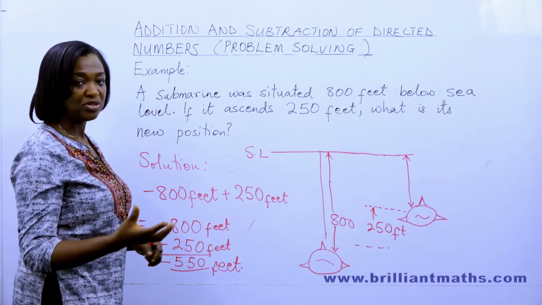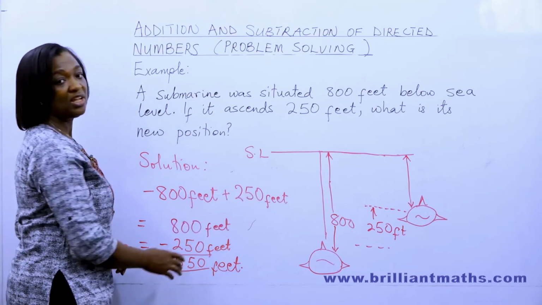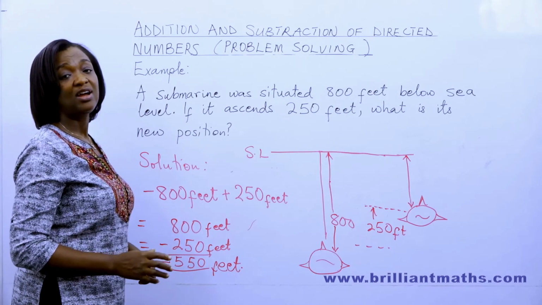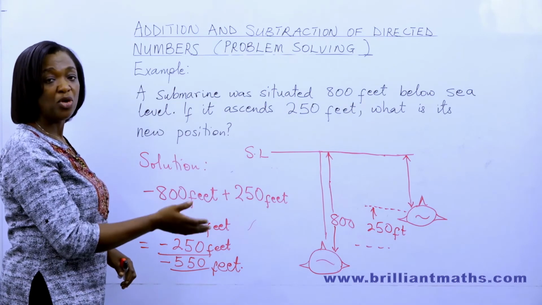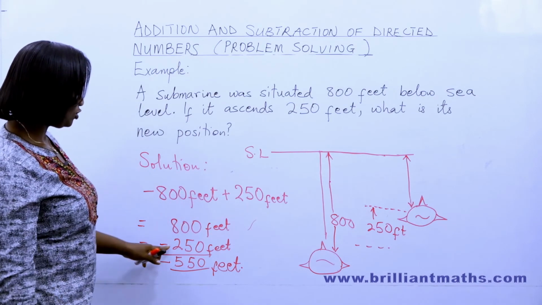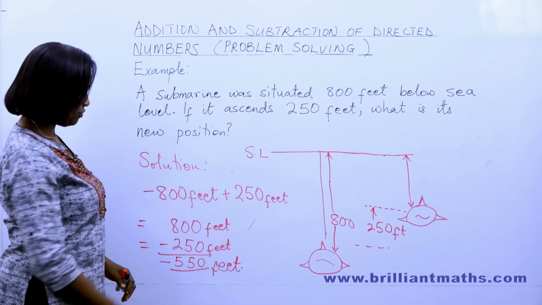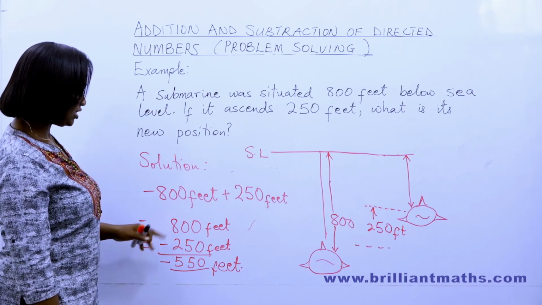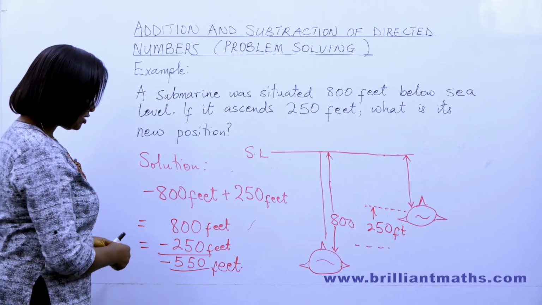So to find that position, we'll subtract 250 from 800 and give our answer a negative sign because it is still below sea level. So 800 minus 250, 0 take away 0 is a 0. There's a 0 there, so we'll borrow a 1 from the 8, and that leaves us with 7.